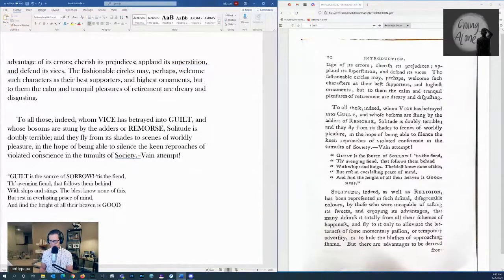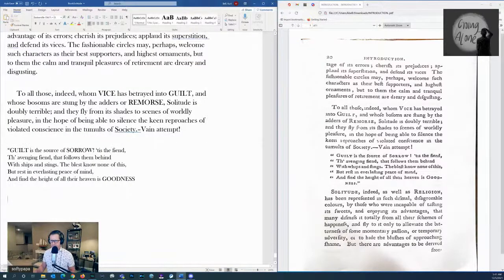He ran out of space, but I'm not running out of space. It'll be confusing if I put a carriage return or a new line in there. Let's bring that down. Let's read that. Guilt is the source of sorrow.